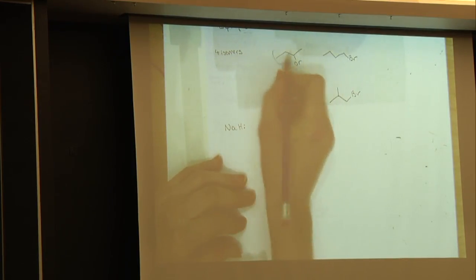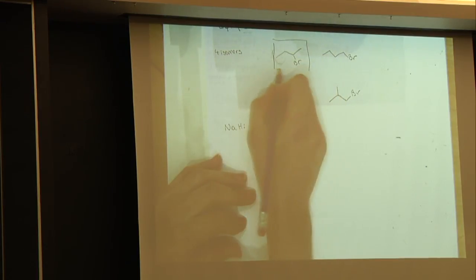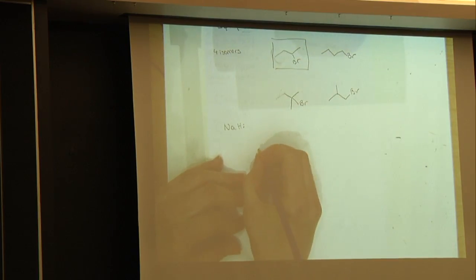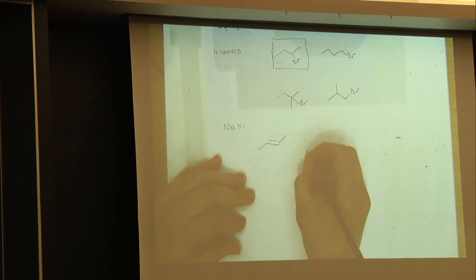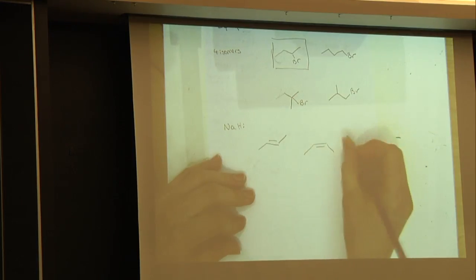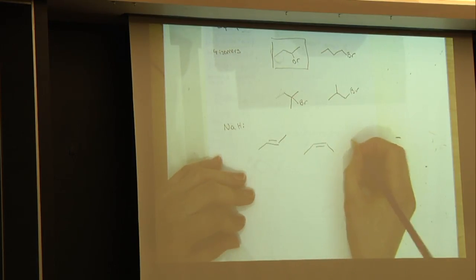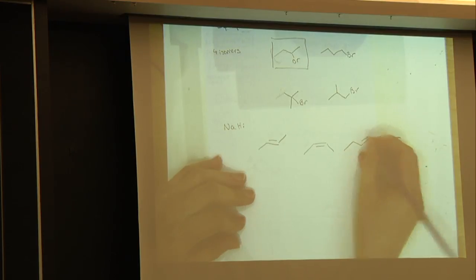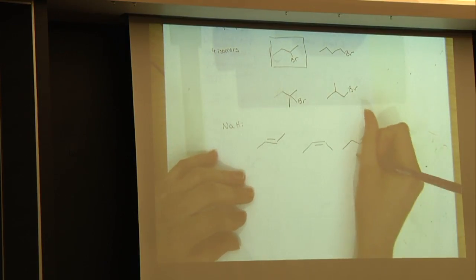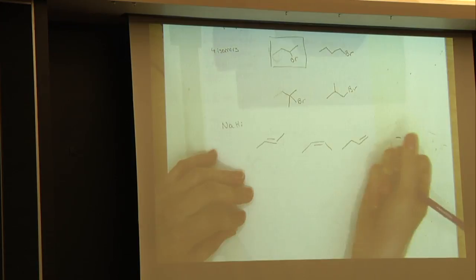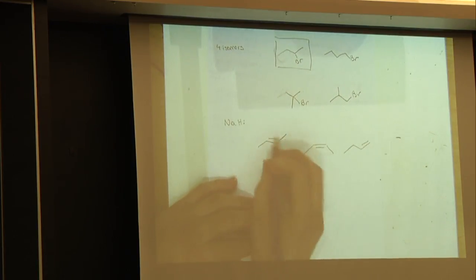When treated with sodium hydride, this one can give you this compound, and or this compound, okay? This one being a minor and this one being a minor, right? This one's the most stable.